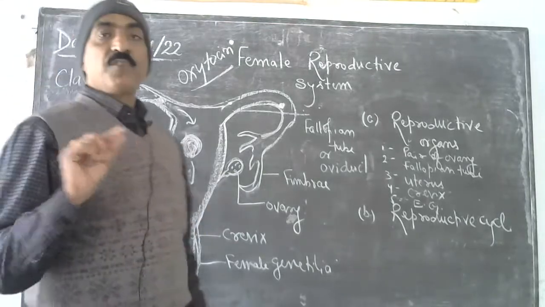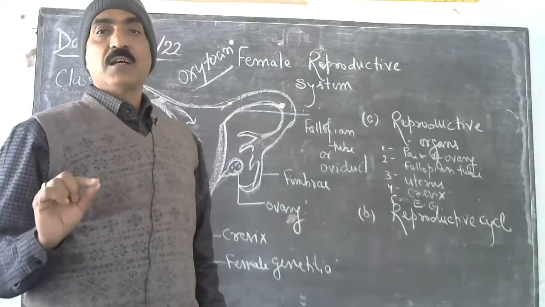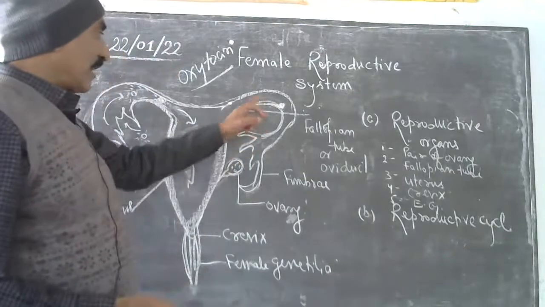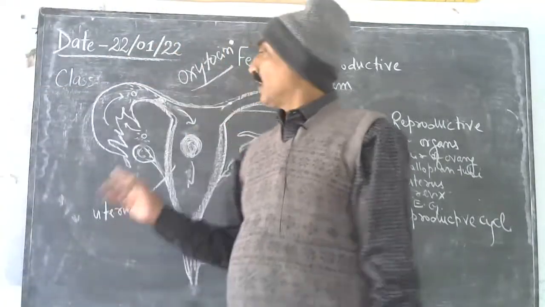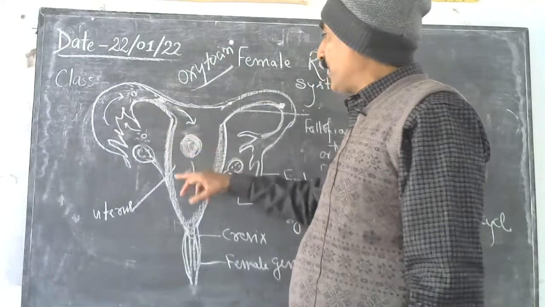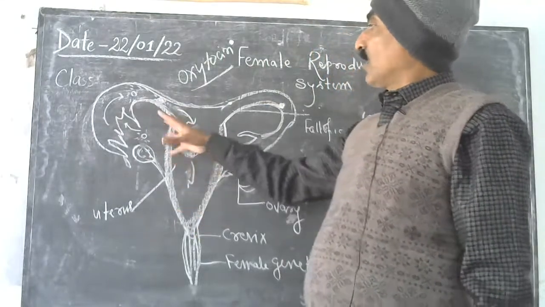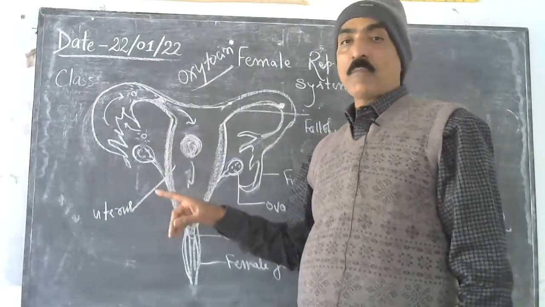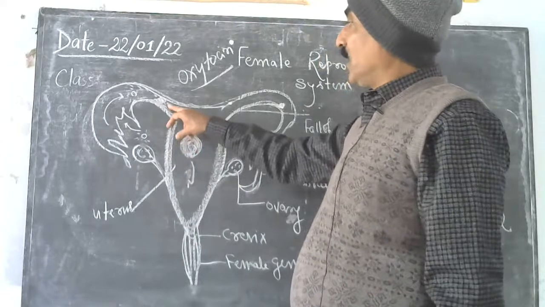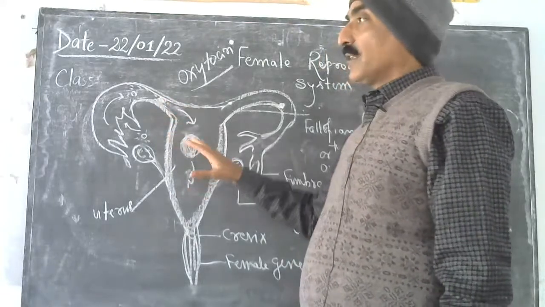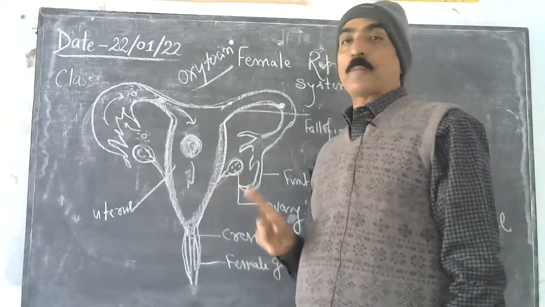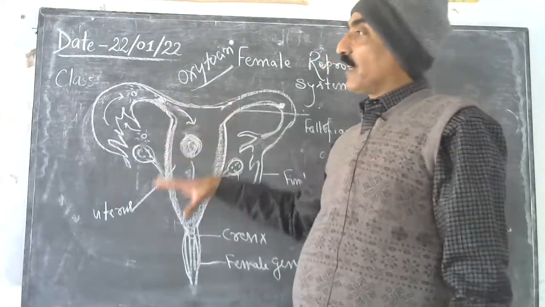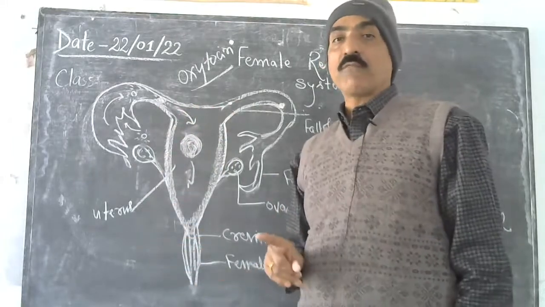A thin film of blood capillaries with mucous membrane produced as an endoepithelial layer of the fallopian tube and uterine wall gets degenerated and shed off in the form of clotted blood with the degenerated ovum. That flow continues up to 2 to 5 days, and in that the whole structure gets cleaned up. This is called the menstrual phase.